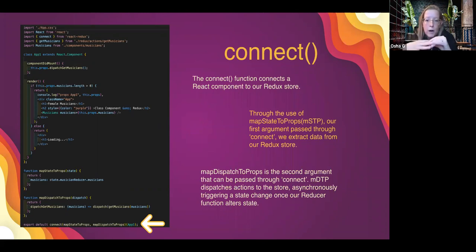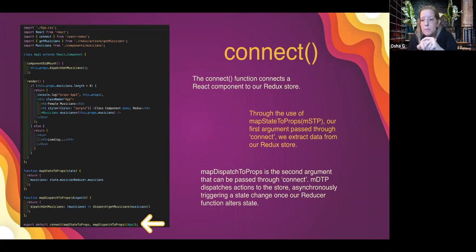You'll see on the very bottom, the connect higher order function connects a React component to our Redux store. And through the use of mapStateToProps, which is our first argument to connect, and mapDispatchToProps, which is our second argument to connect, we now have this access anywhere in our application.